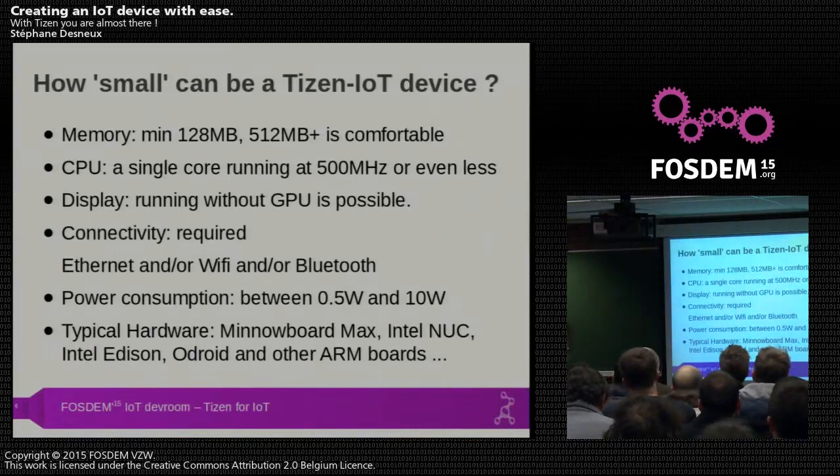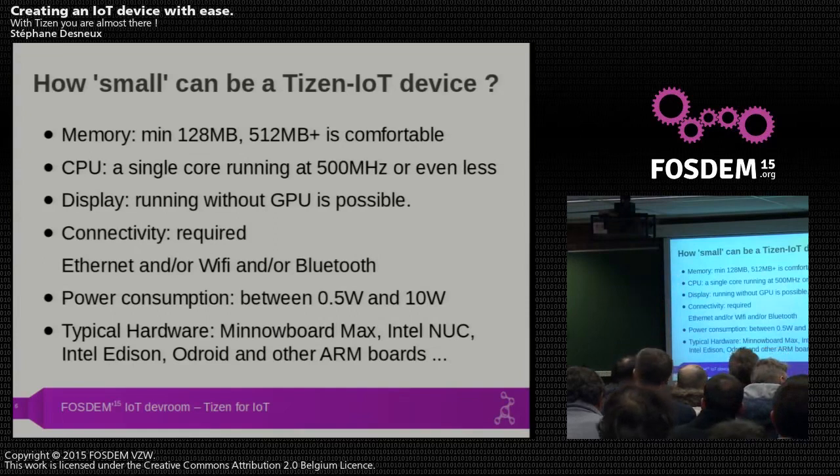So why choose Tizen for an IoT device? And what IoT device could we use? From my experience, we can use Tizen on almost anything. We just need some memory and CPU power.